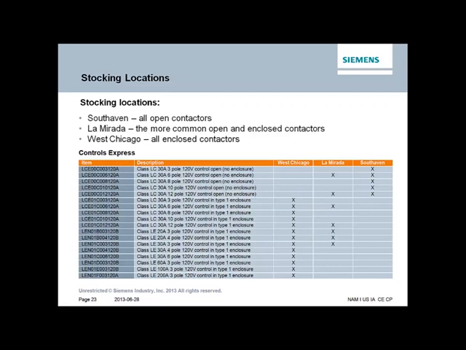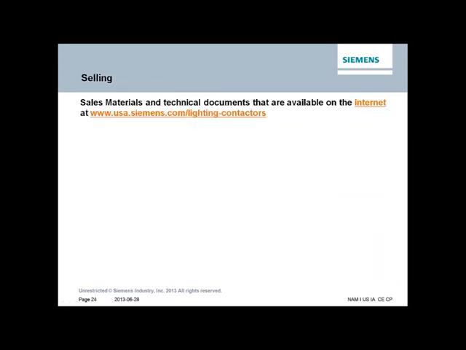For sales and technical materials, you can find most of the information on the internet or the intranet on the lighting contactor webpage, and it includes the brochure, which is also available from the Xerox Literature Fulfillment Center. An overview for selling gives a brief summary of the family and its features. The supplemental catalog: the newer LE and LC contactors have not been added yet to the SpeedFacts or Industrial Controls catalogs.